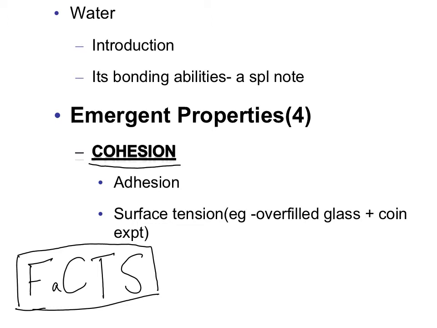Okay, now in order to understand cohesion, you have to think about, say, a chain, or say, if in your childhood you had these magnets and steel balls that you would play with and build stuff.